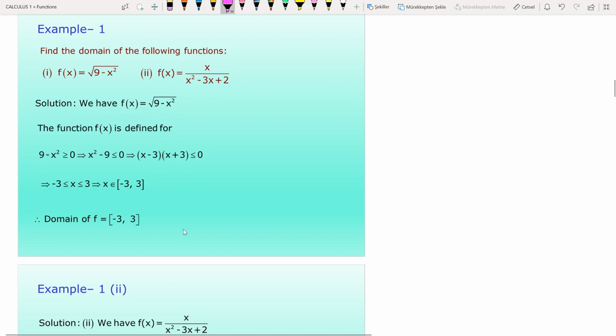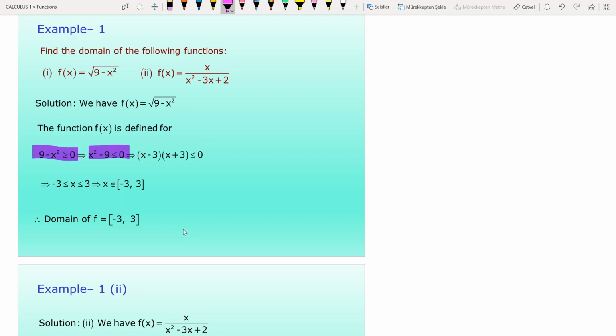We have two more examples and we will find the domain of these two functions. Don't forget, if we have square root functions, we must focus on the inside of the square root function. The inside of a square root cannot be a negative number. This is why we have 9 minus x squared is equal to or greater than 0, or x squared minus 9 is equal to or smaller than 0, by simple calculation.